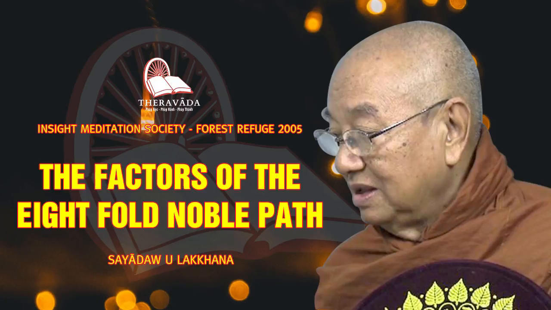So when yogis like this come to Sayadaw, he gives them this Burmese saying. This is like you're riding a horse, but you don't know whether it's male or female. You don't know its gender. You might be riding a horse, but you didn't remember, you didn't think to look.